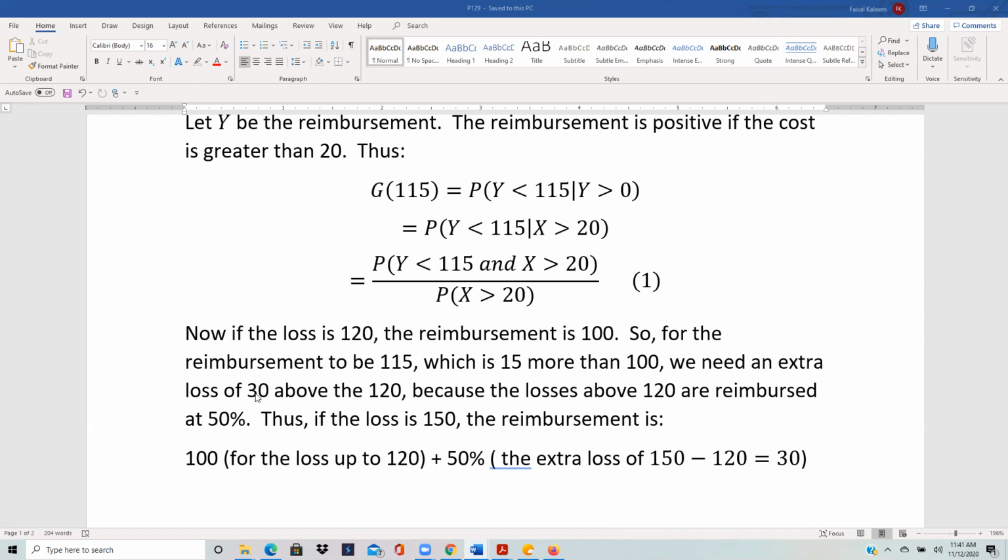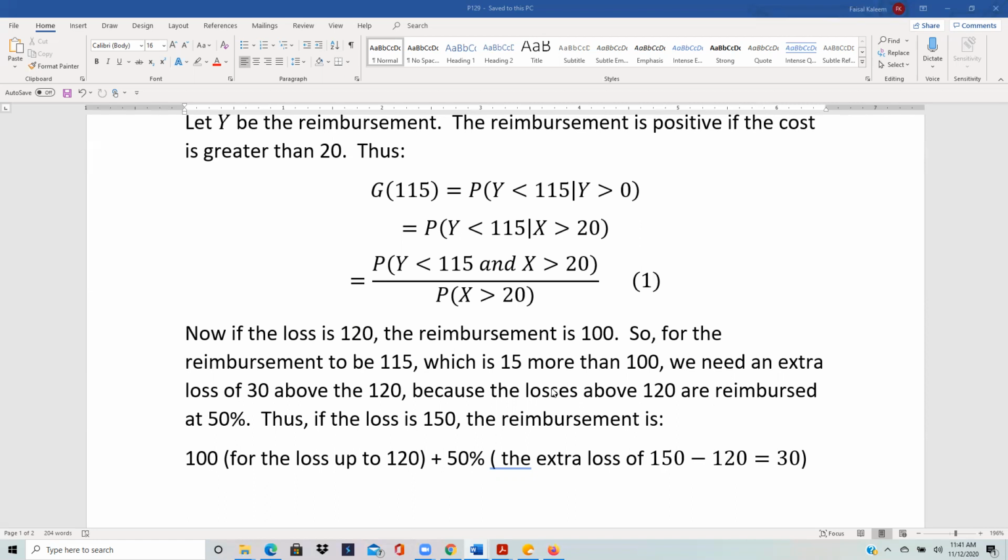If the cost is 150, then the first 120 give you 100. And then the remaining 30, the 150 minus 120, only get reimbursed at 50%. So this remaining 30 cost will only bring you 15. So 15 for the excess of 120, and 100 for the first 120 will bring you 115.